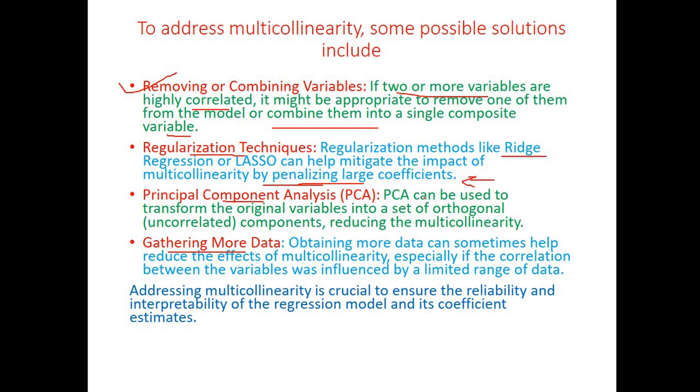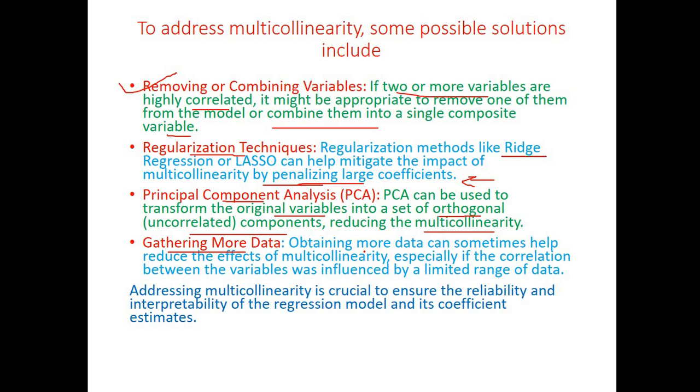Principal component analysis, PCA in short, can be used to transform the original variables into a set of orthogonal components. What is meant by orthogonal components? Making the related variables into uncorrelated components. That reduces the multicollinearity.